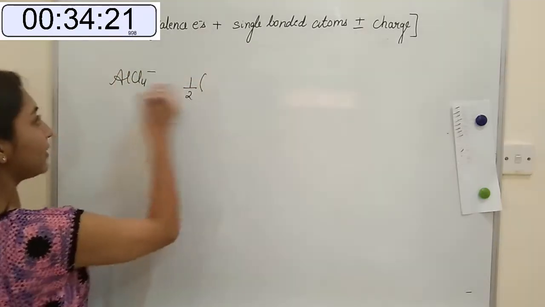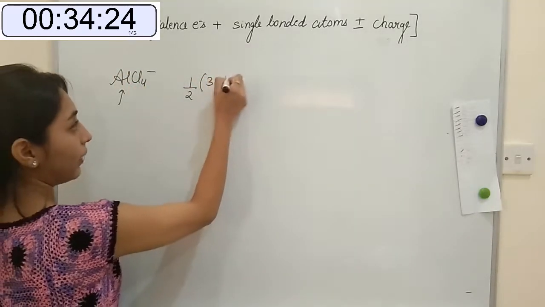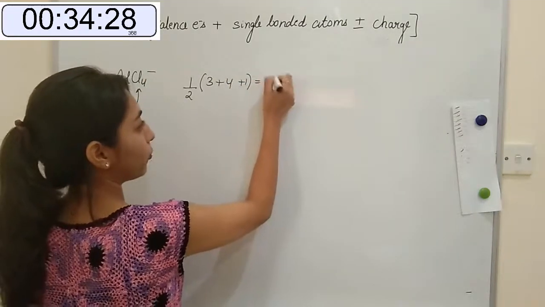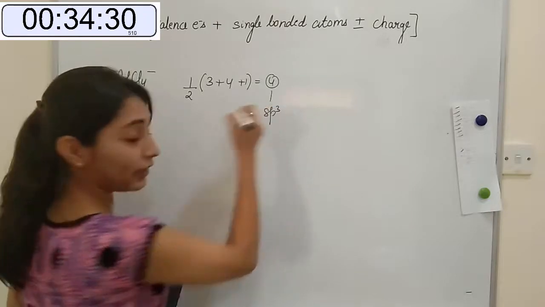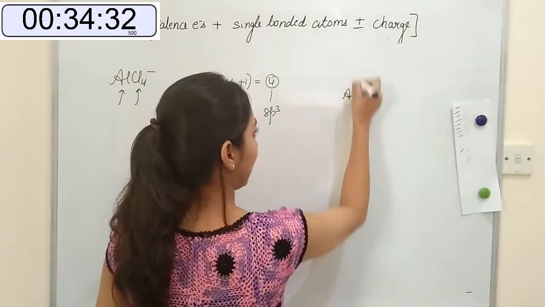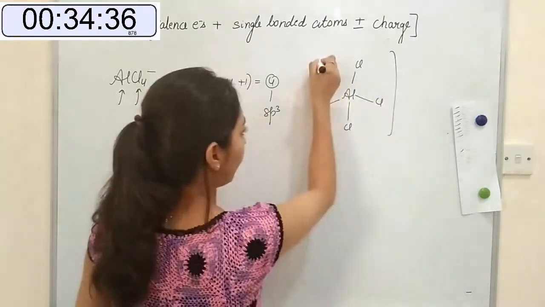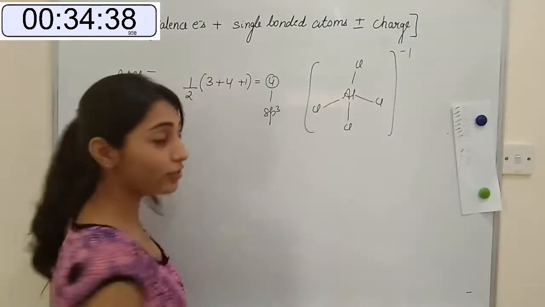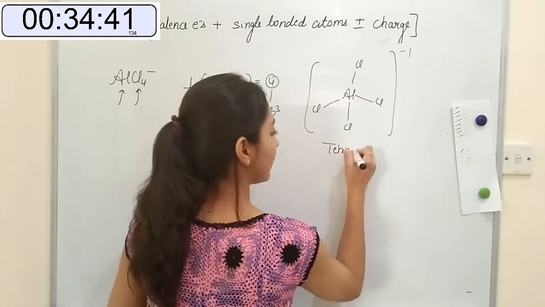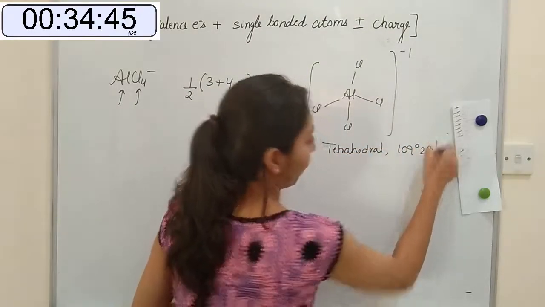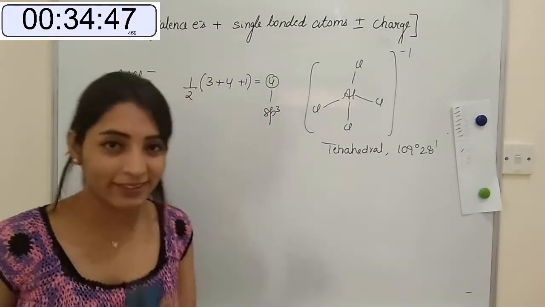Let us now do another molecule, AlCl4 minus. Half. Number of valence electrons of aluminium is 3. Number of atoms attached by single bond is 4, plus 1, which comes out to be 4. 4 means sp3. So it should be Al, Cl, Cl, Cl, Cl, whole bracket with 1 minus charge. The shape is tetrahedral and bond angle is 109 degrees 28 minutes. Done.